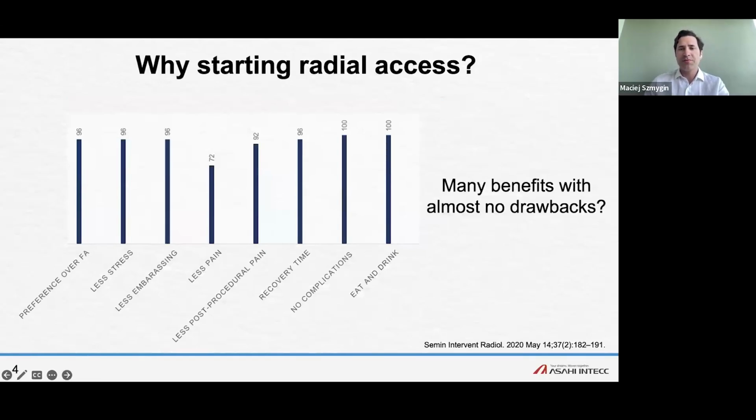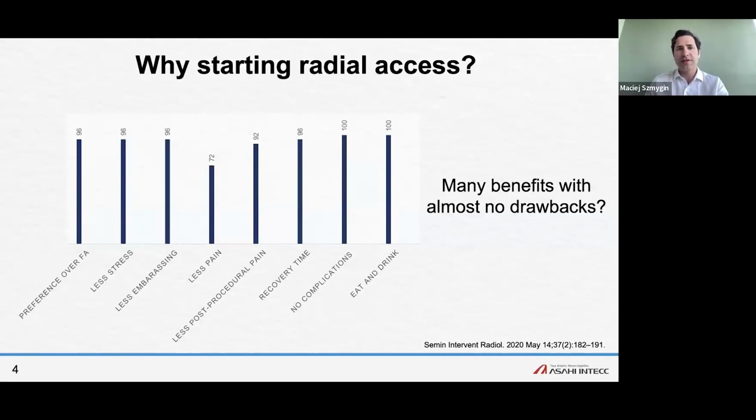This has also been reflected in a recent survey among patients, published in 2020. You can see the percentage of patients who underwent radial access procedures and expressed yes or no on the benefits. 96% of them said it's much better than femoral access if they had both. It's much less stress, 96%. It's less embarrassment.